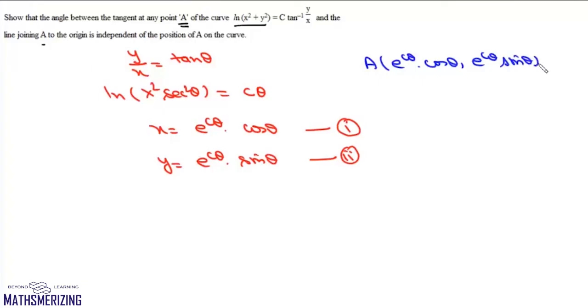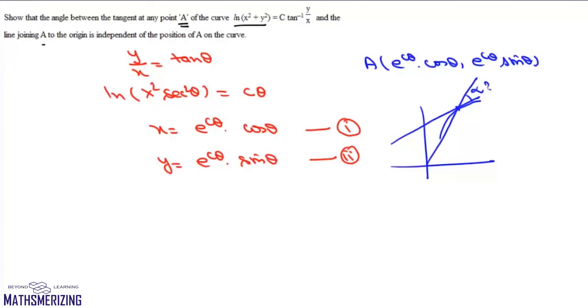Now it says the angle between the tangent at any point A and the line joining A to origin, we have to prove that this angle is independent of theta.